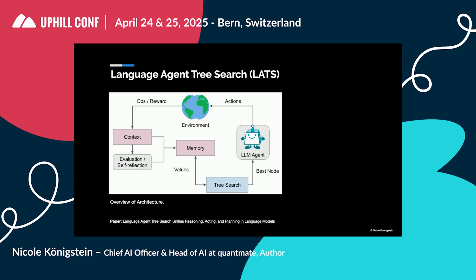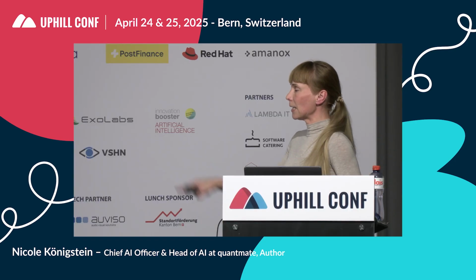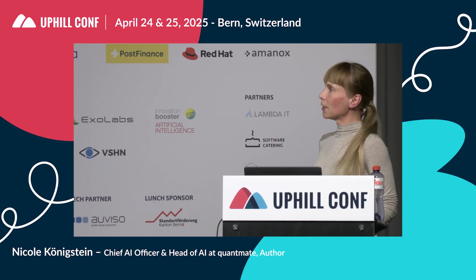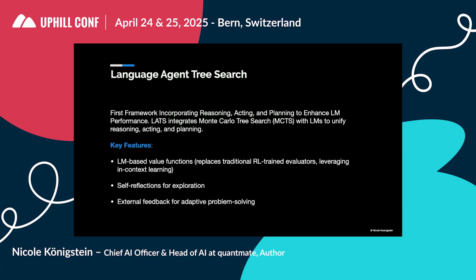They use Monte Carlo tree search to improve over different iterations how your language model performs, how your agent performs, and how you can improve it just using in-context learning. I mentioned already, it was the first framework. It incorporated reasoning, acting, and planning to really enhance your language model performance.